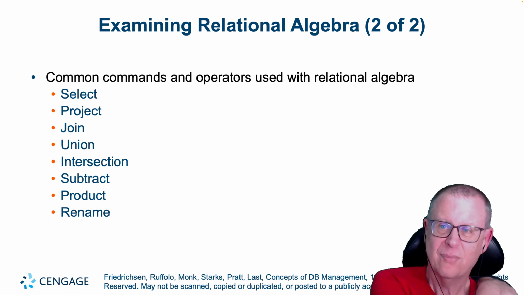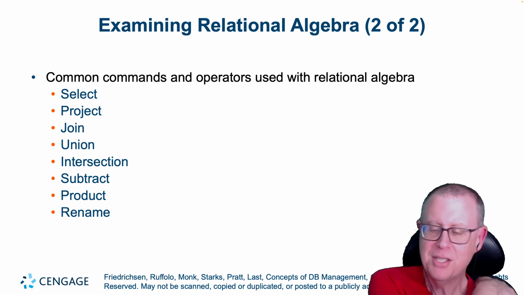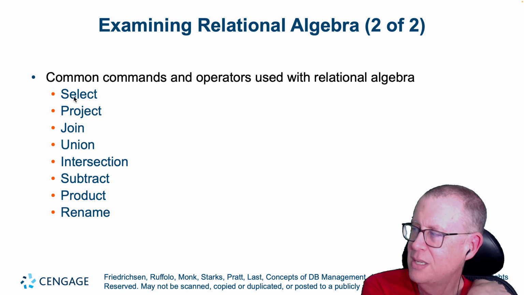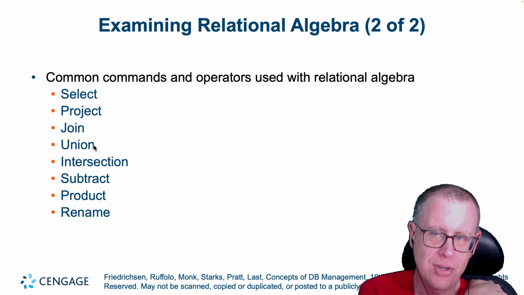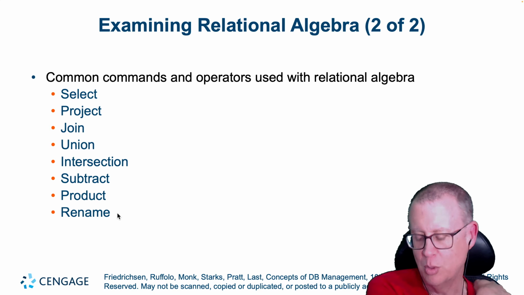But SQL does have select, does effectively have project, obviously has a join, there's a keyword union. I don't think there's a keyword intersection, but we can certainly form intersections. And then there's subtract, set subtraction, set product, and then maybe we want to rename stuff.